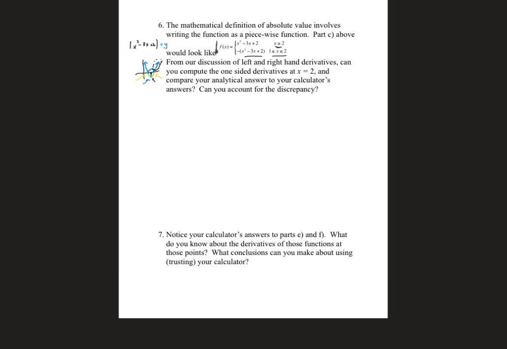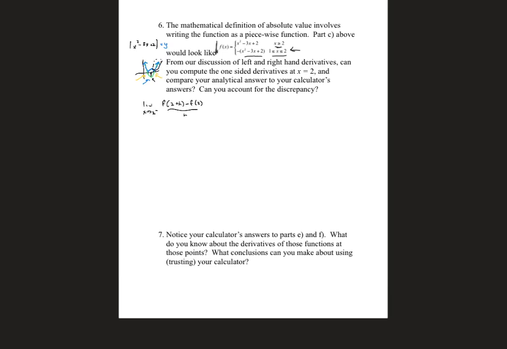So for our limit as x approaches 2 from the left, our left-hand limit, that means we're going to use that second part of the branch there. And so let's do f of 2 plus h minus f of 2 all over h.